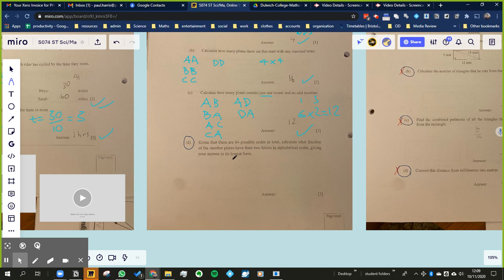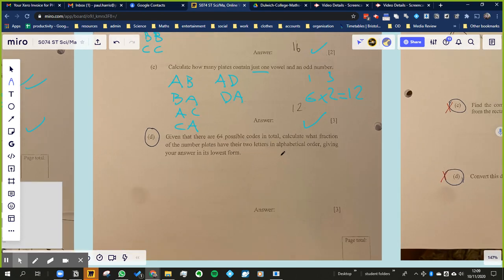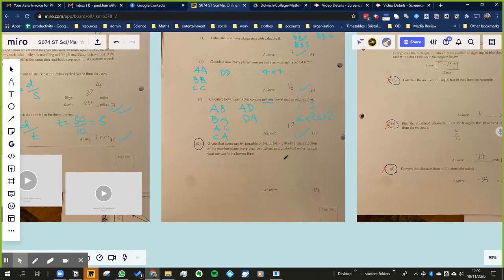So the last one, it says D, given that there are 64 possible codes in total, calculate what fraction of the number plates have their 2 letters in alphabetical order, giving your answer in the lowest possible form. Okay, well, this is kind of a hard question. So we know it's out of 64. Now it says, what fraction of the number plates would have letters in alphabetical order?